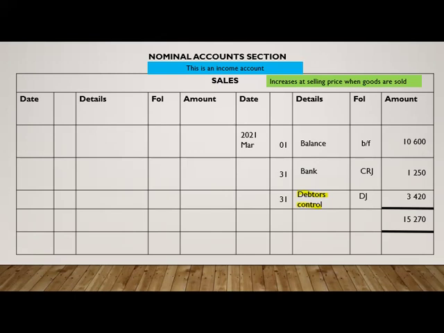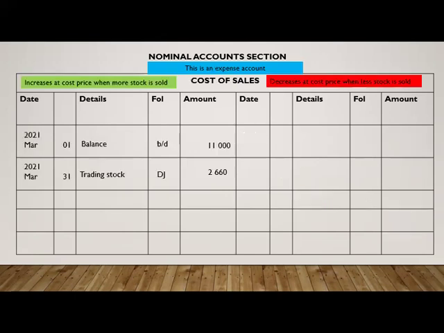Can I continue? And then what did I say about that cost of sales figure of 750? So check this out. You will still write trading stock, but under folio, instead of DJ, what do you write? CRJ. And the amount will be 750. And then you just get the total.